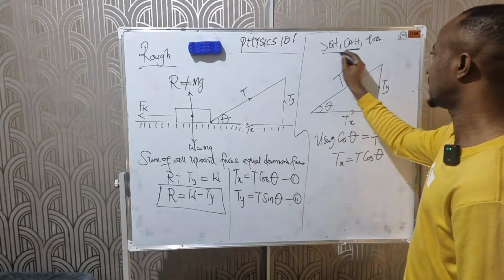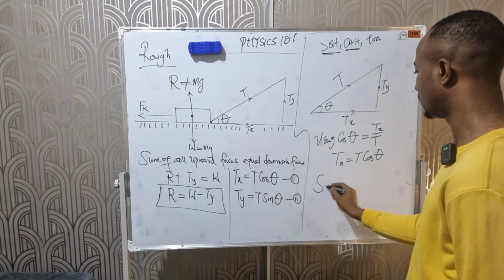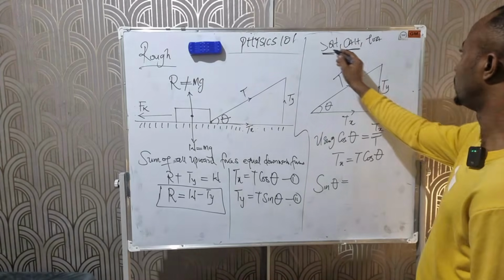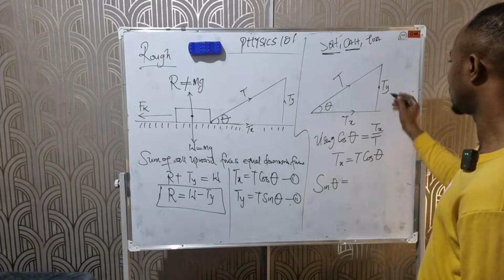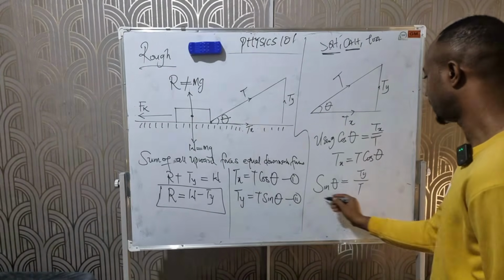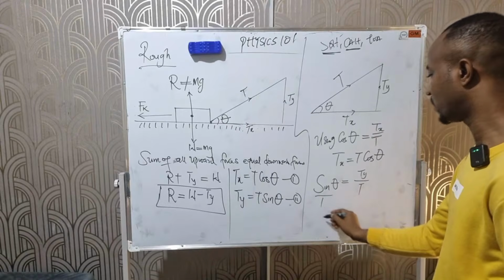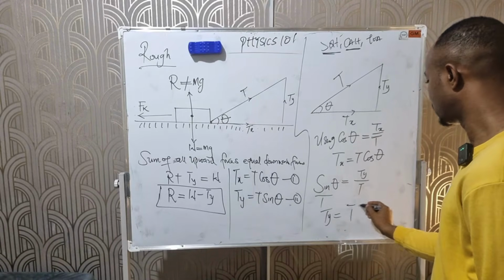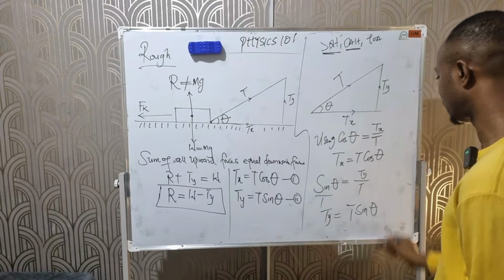That means I can use sine to resolve. So I will say sine theta equals opposite over hypotenuse. What's the opposite? Ty. What's the hypotenuse? T. By the time we cross multiply, Ty times 1 is Ty, which equals T sine theta. Are you seeing it now?